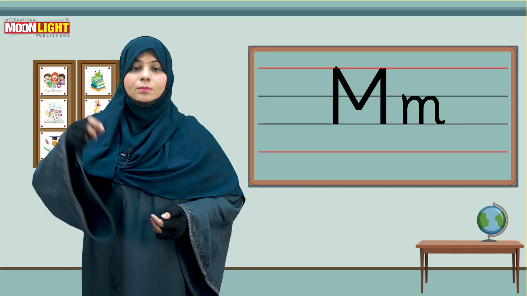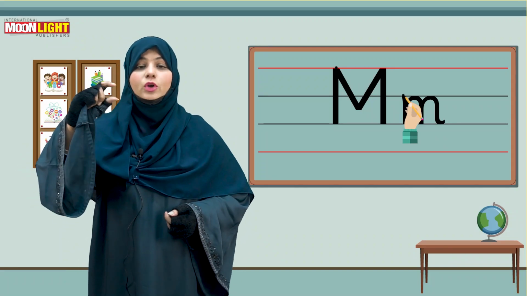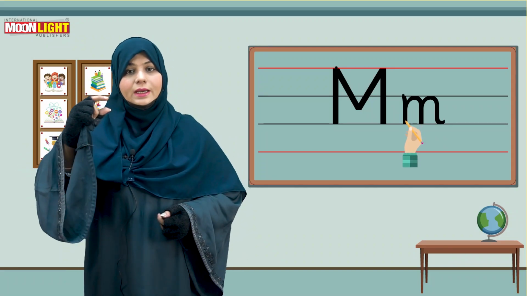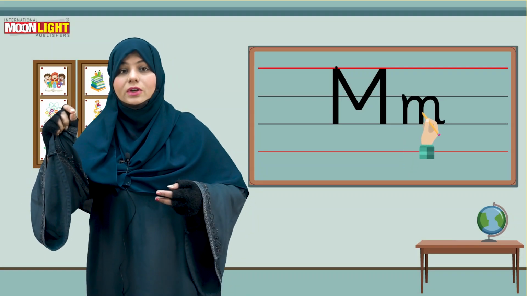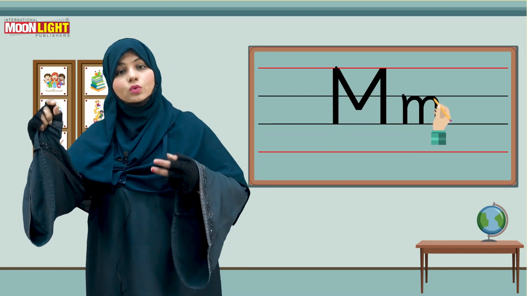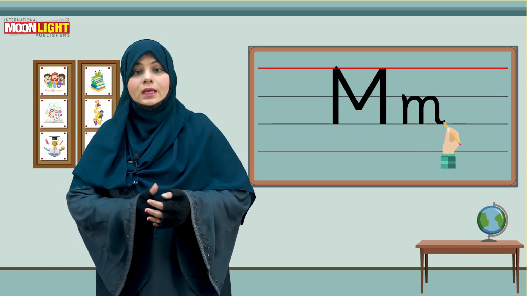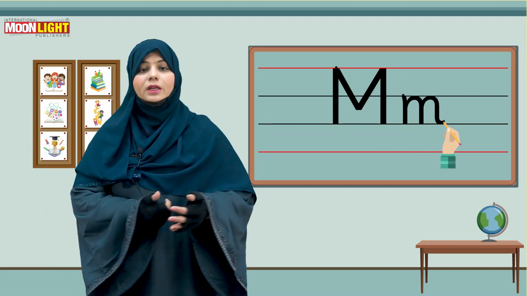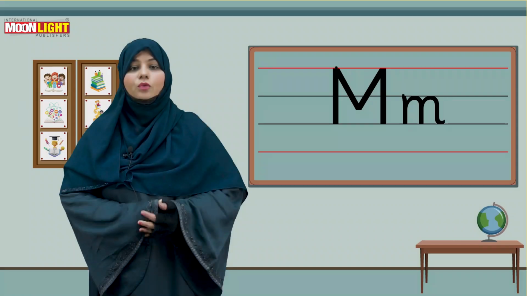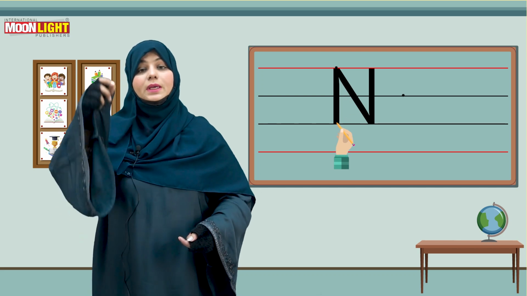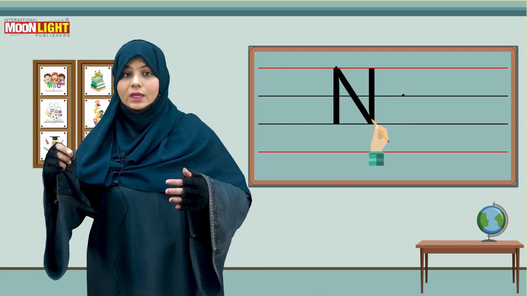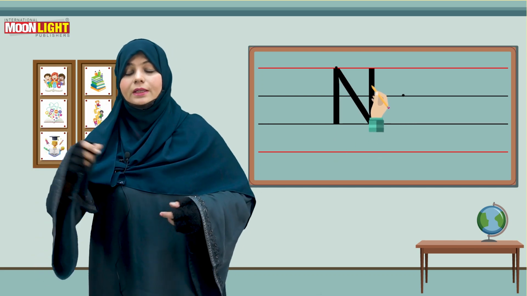For small letter m, put your pencil on the center line. You have to draw a straight line in the center two lines. Make a small curve, then again a straight line, a small hook, then a straight line and a hook on the third line. Yes, it will become small letter m. For capital letter N, put your pencil on the black dot and make a straight line, then make a slanting line in the upper three lines, then make a straight line in the upper three lines.